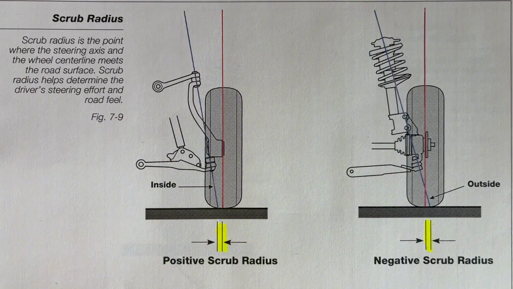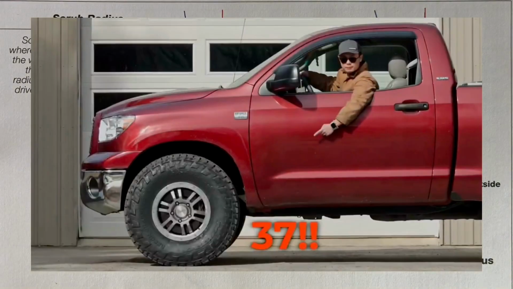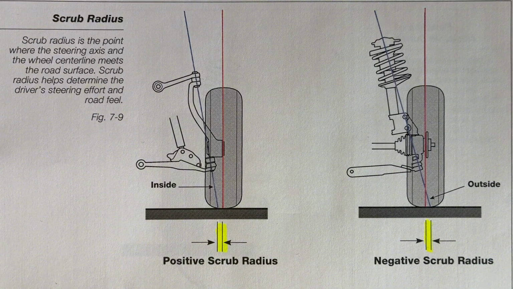I'll give you another example. A second-gen Toyota Tundra with no suspension lift and stock wheels could fit a 37-inch tire without rubbing. From 32 to 37-inch tire, the tire diameter increased by about 5 inches, which will reduce the scrub radius by about 12.5 millimeters.